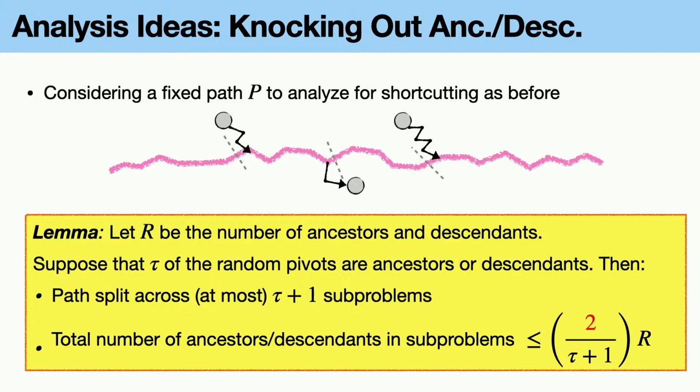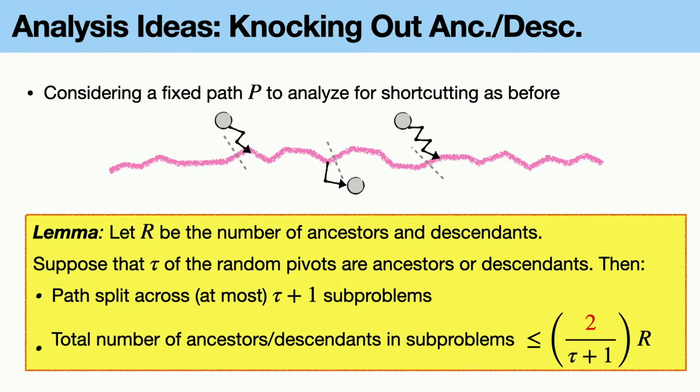So we could end up chopping our path into a lot of pieces in a single round of the algorithm. And they're able to argue a generalization of that knockout argument I gave before, which says that if we happen to choose tau pivots that are related to the path, then on average, the number of ancestors and descendants in total goes down by a 2 over tau factor.